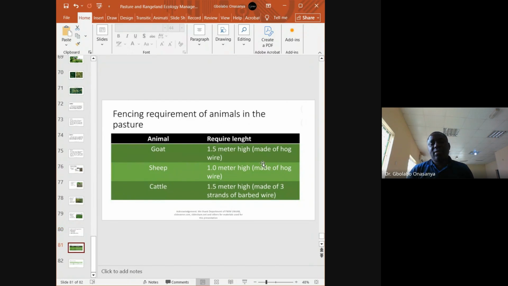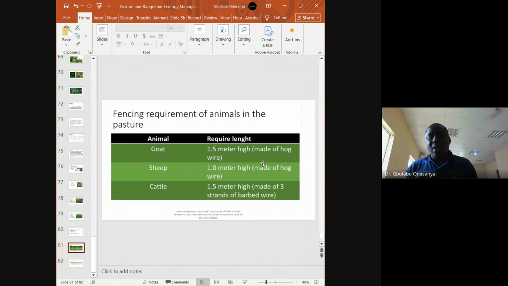Fencing requirements of animals in pasture land or in grassland or in rangeland. Goats: when you want to fence for your goat, a goat is a stubborn animal, so the fence should be about 1.5 meters tall. Sheep is 1.1 meters tall. Cattle is 1.5 meters tall.